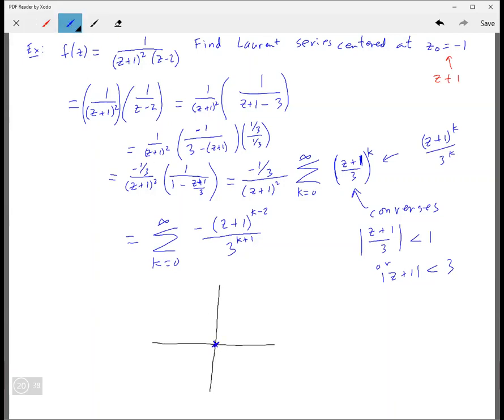Wait, I'm sorry. We're centered at -1, so here we are at -1. It's not going to converge at -1, because when you plug in z equals -1, you get 1 over 0, so that's no good. Okay, so the radius of convergence is 3, so come out 3 in all directions.